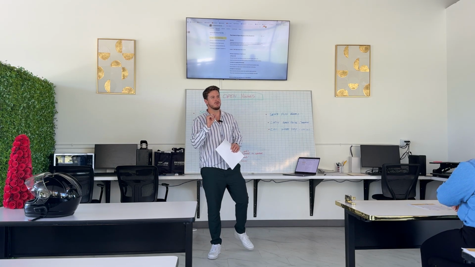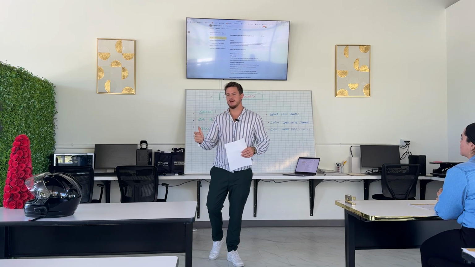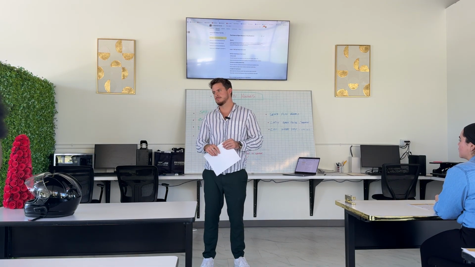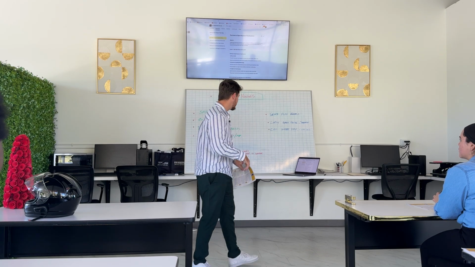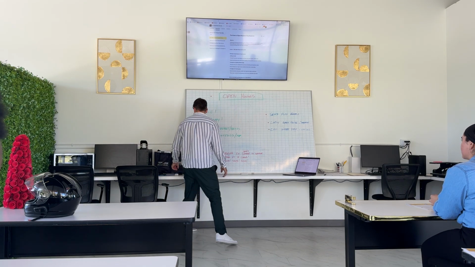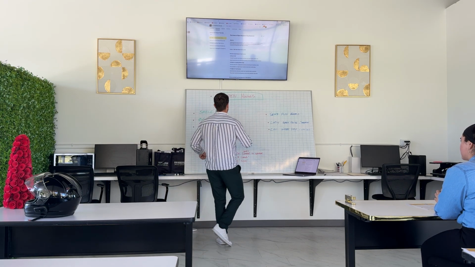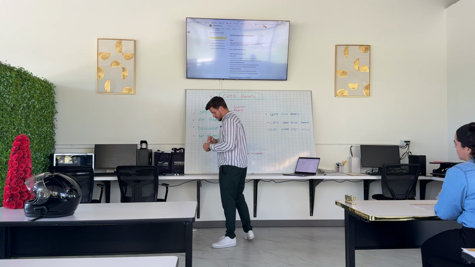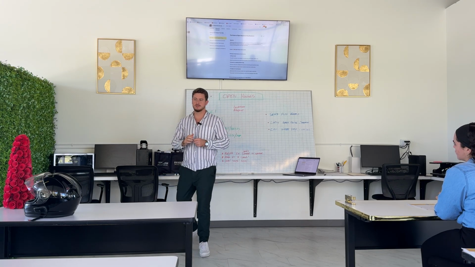So what do I mean when I say picking the right open house? Anybody have an idea? Location is number one. Yep. What else? Price point, sure, depending on what your goals are. If you're trying to be a luxury agent, you need to be doing $1 million open houses.